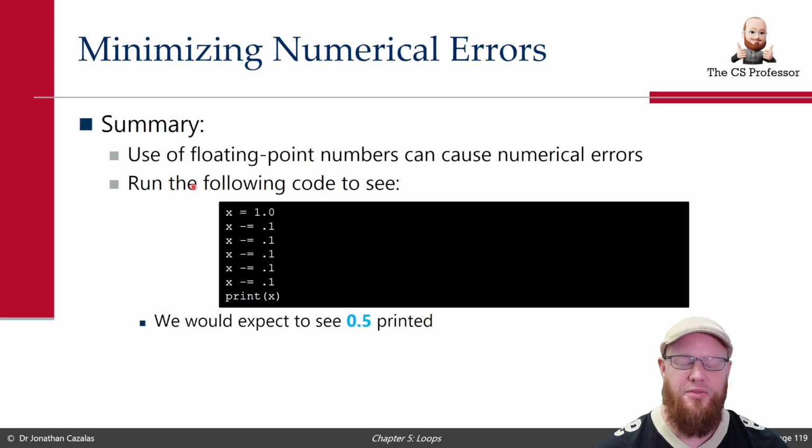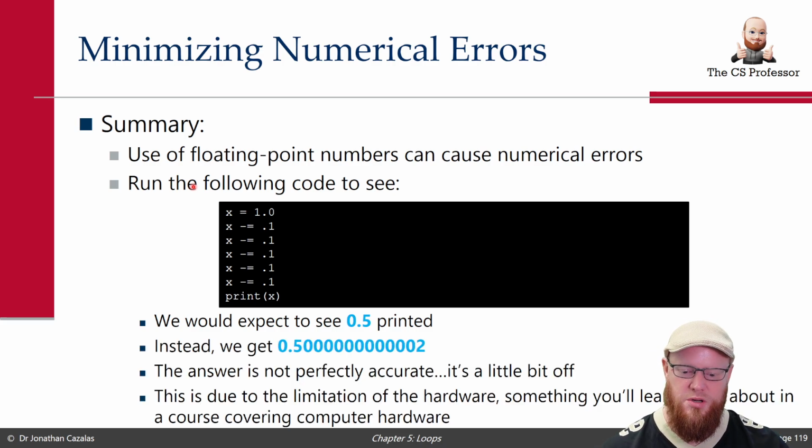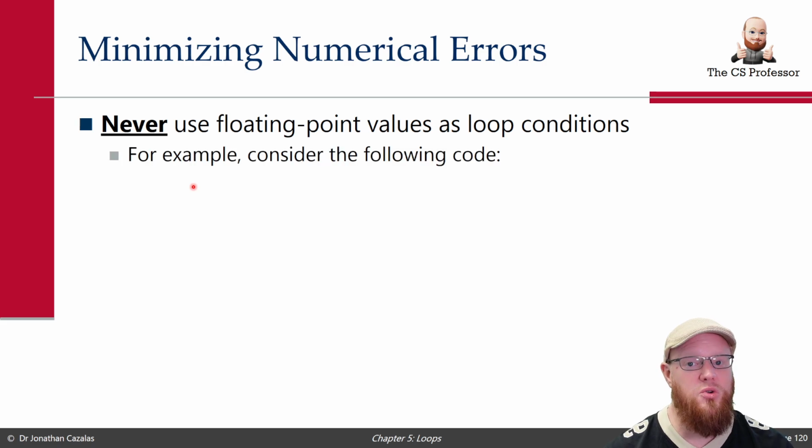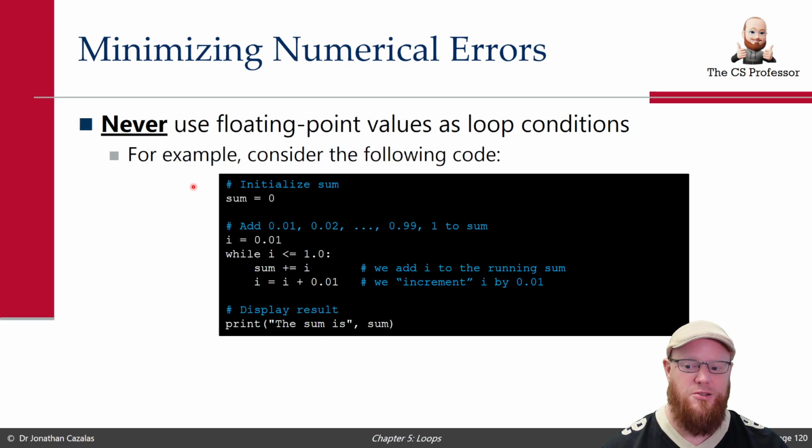So here, that's unique, and you'll learn more about that in a hardware course that you may take in a future semester. But the takeaway is never use floating point values as loop conditions. Consider this code. Seems pretty simple and naive. We have a sum. We start i at 0.01, and we're going to increment i by 0.01.